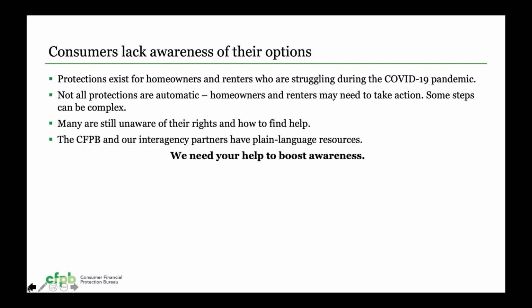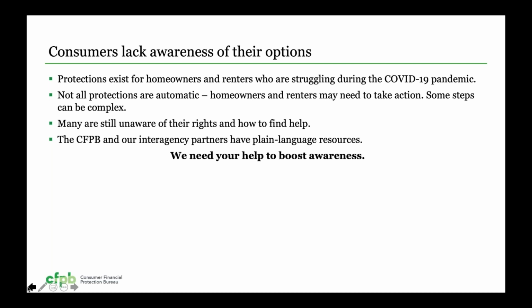We also know, from research done external to the CFPB and research that we've done within our group, that people aren't necessarily aware of what their options are, particularly on the rental side. There are protections that exist for them, but they need to take action in order to use them. Sometimes it needs to be complex actions. They need to fill out applications.